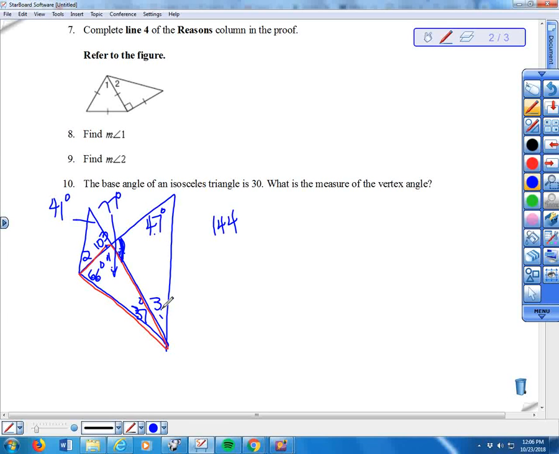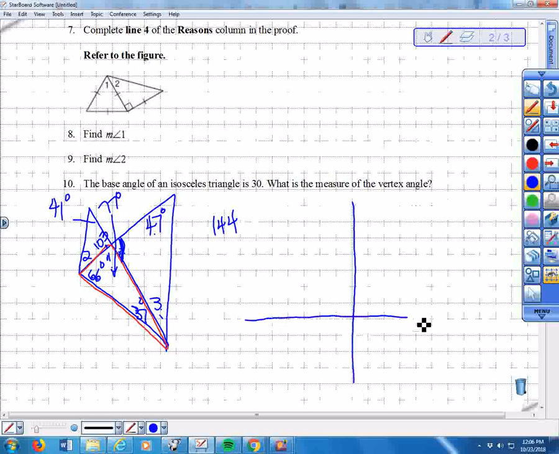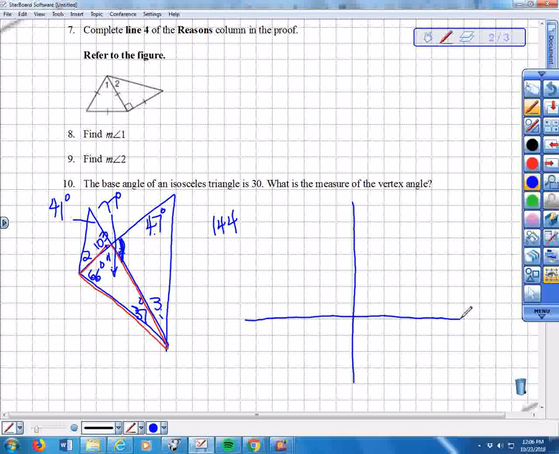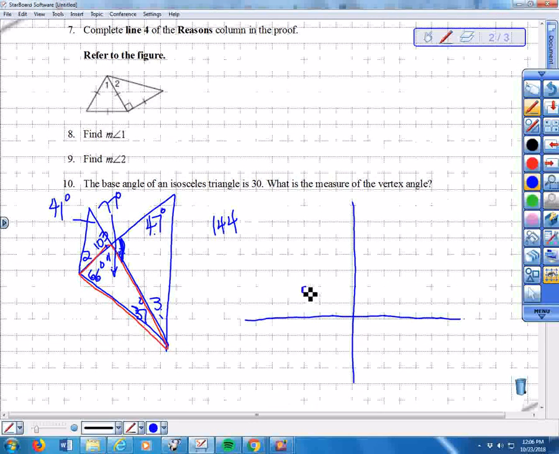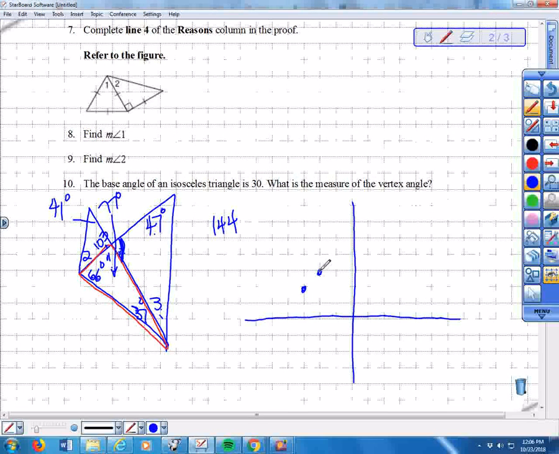What was another problem that I haven't done yet? Number 2, determine whether PQR is congruent to STU. It tells me that one of the points on P is negative 3, 2. Then I have negative 2, 3. And then I have negative 1, 4. Is that right?